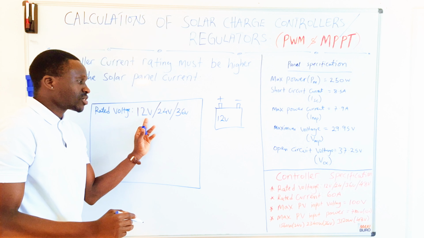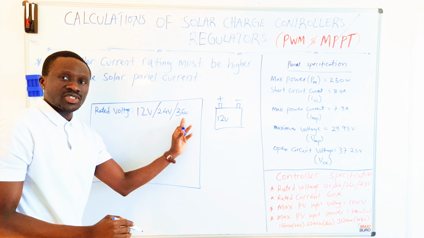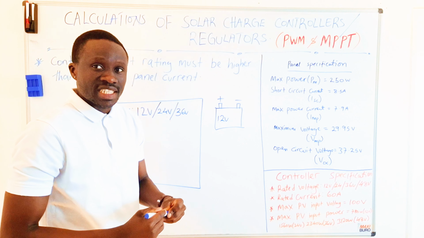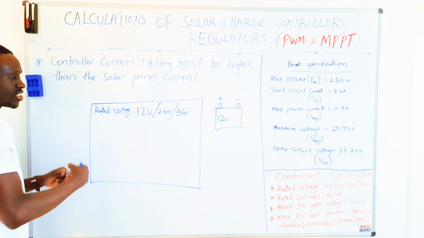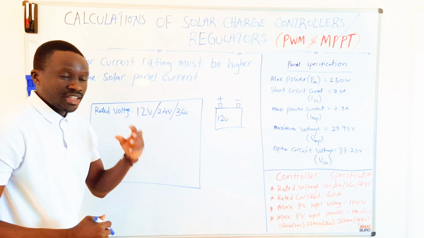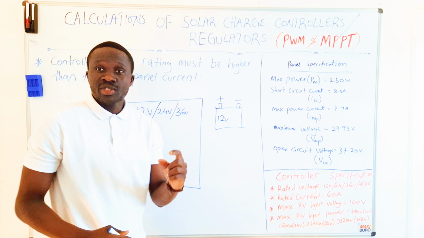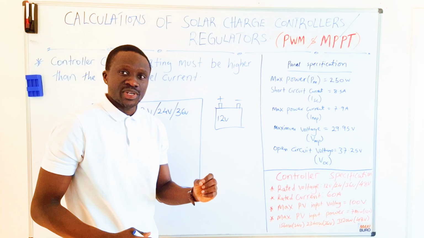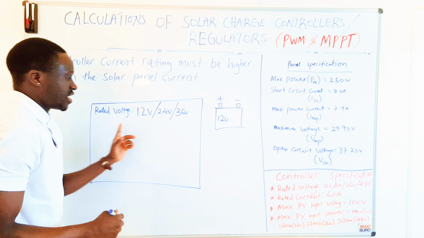It can handle 12 volts, 24 volts, and 36 volts. It does it automatically inside, electronically. This is what it means by matching. A regulator must match the voltage of the battery. Okay, this I was giving you as a hint.